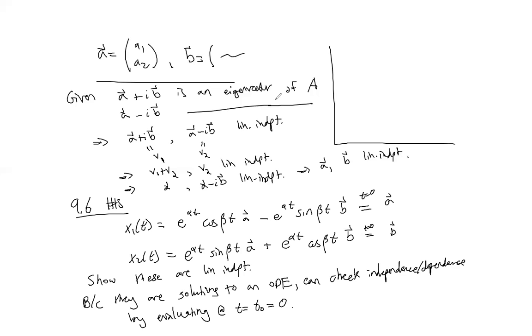W1 equals e to the alpha plus i beta t times A plus iB, and W2 is the complex conjugate.